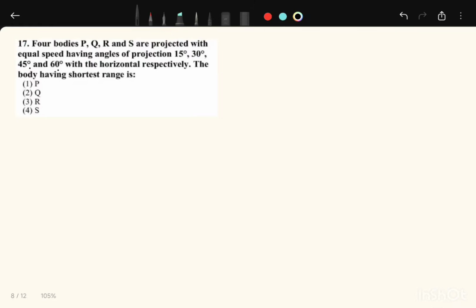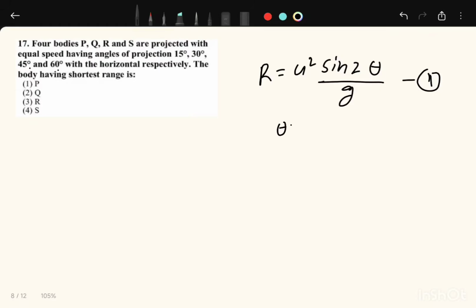We just have to use the formula for range, and the formula for range is u square sine 2 theta by g, right? Before starting, one thing I hope you all know is that horizontal ranges at complementary angles are equal. What are the complementary angles? Theta and 90 minus theta, right?